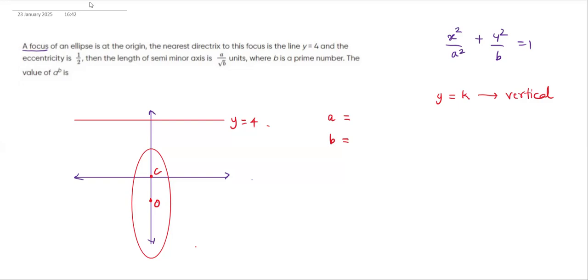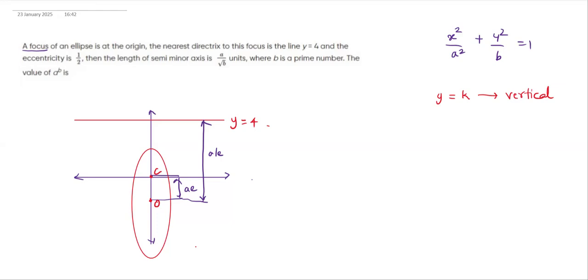I'll mark this distance as ae. And this distance from the origin to the directrix, we know as a by e. For a standard ellipse, these are the values.